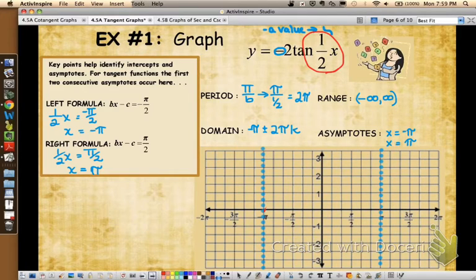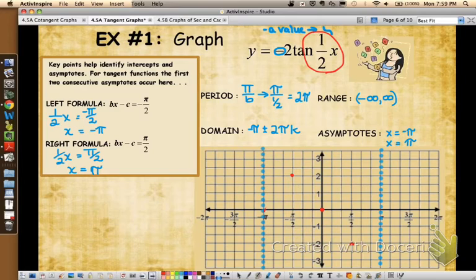And this part is, the domain is going to be negative pi plus 2 pi k, where k is an integer. Now the 2 pi comes from the period, so we could actually replace that 2 pi with a generic word, the period times k. There's other ways of stating that as well, as we'll see further on in this demonstration.